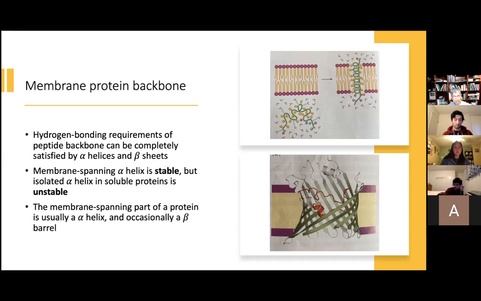And then I want to mention that the membrane spanning part of a protein is almost always an alpha helix, but occasionally can be a beta barrel, which is basically just a closed beta sheet. If you think of a beta sheet as a flat sheet of paper, then a beta barrel would be like if you rolled that flat sheet of paper.